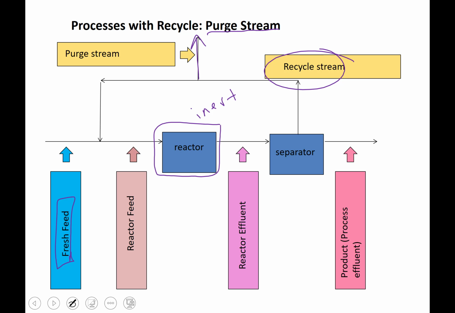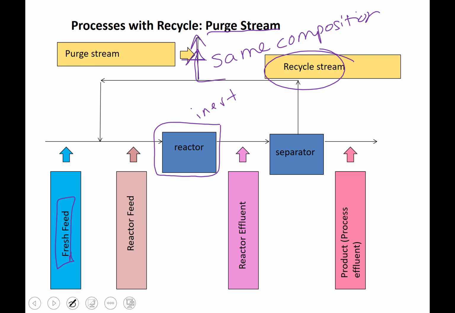So I've drawn the recycle stream and the purge stream in the same color box because they have the same composition. How do you know that? You're just bleeding off some of the stream. If you're bleeding off the stream, it has the same composition as what you bled it off from. So that's important to recognize.